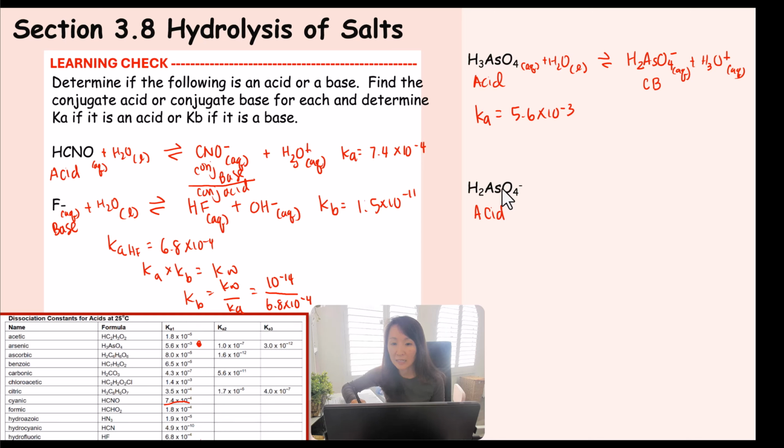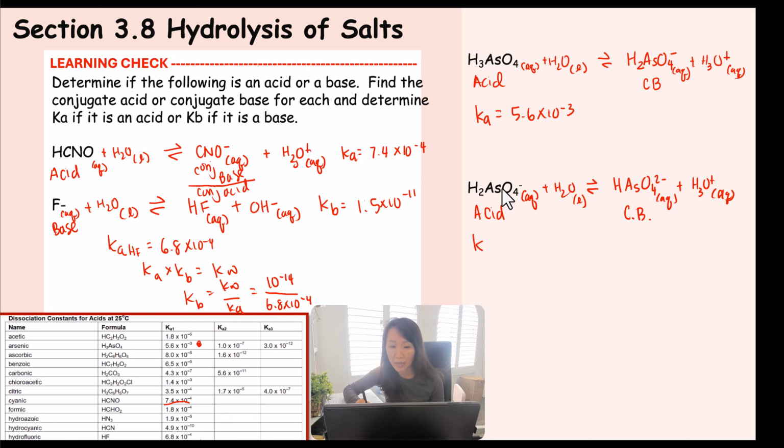If it's going to act like an acid, then if we were to put it in water, it's going to become HAsO4 2 minus, and then we have the hydronium ion. You put aqueous for all of these and liquid for water. So the conjugate base would then be this one. If it's an acid, what is the Ka value?